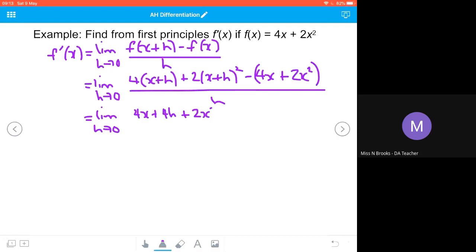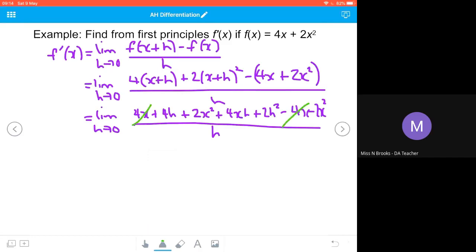So I've got 2x squared plus 4xh plus 2h squared, and I'm going to take away 4x, I'm going to take away 2x squared. And that's all over h.